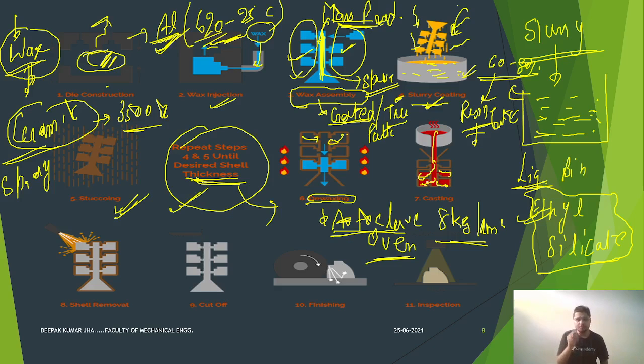So the very important and advantageous point of this process is that you can produce highly complex castings. And one more point to be remembered is that as we have used a ceramic coating which can withstand temperatures of 3500 degrees Celsius, so even very high melting point metals can be easily cast by this process.